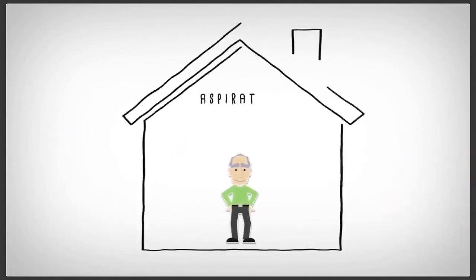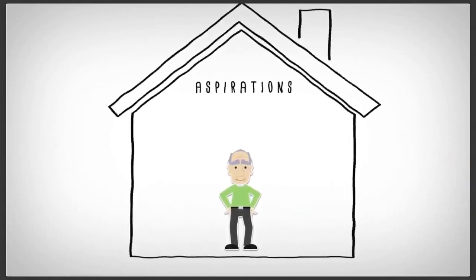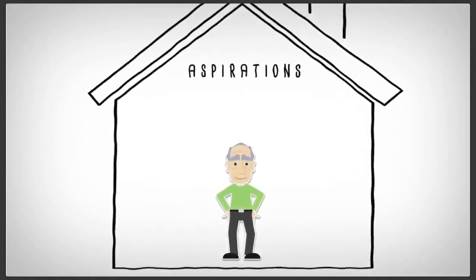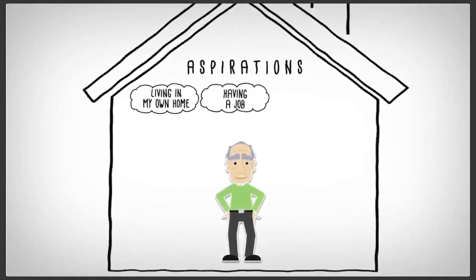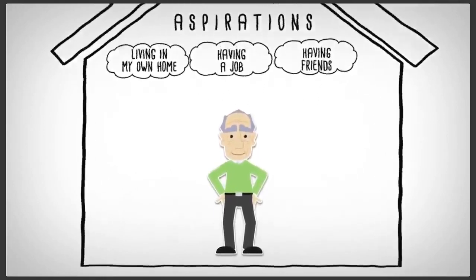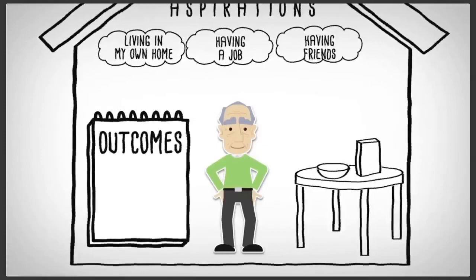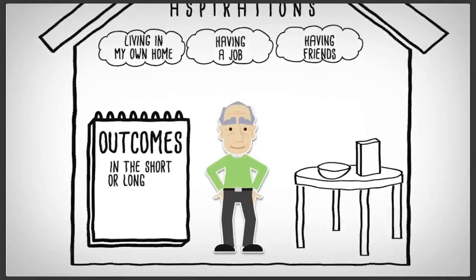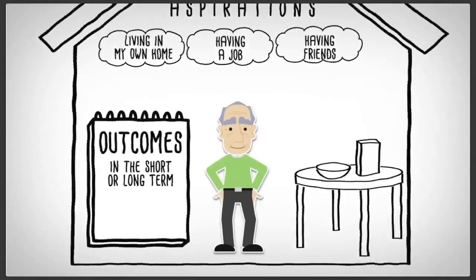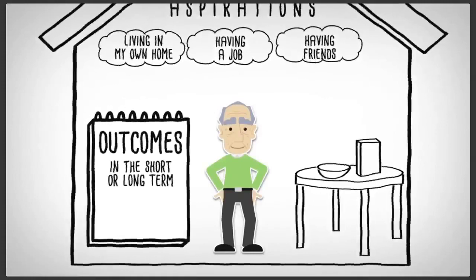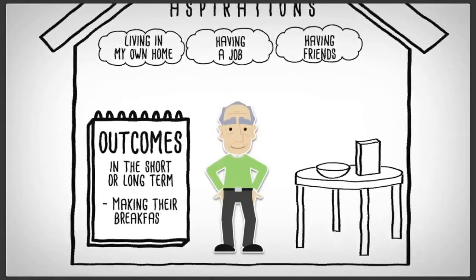Aspirations describe what someone wants their life to be in the long term. For example, living in my own home, having a job, having friends. Outcomes describe the specific things that the person will achieve in the short or long term that are taking them towards their aspirations. For example, making their own breakfast.